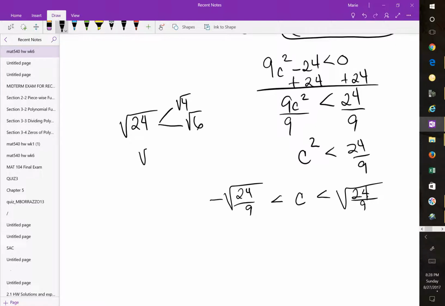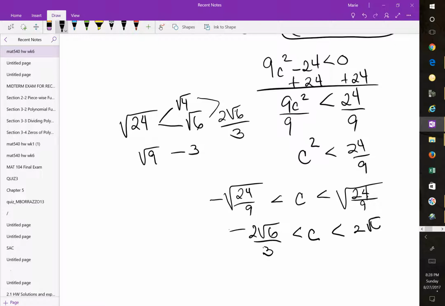Obviously the square root of 9 is simply going to give us the 3. This would give us 2 square root 6, so we would end up with 2 square root 6 over 3. Final answer: negative 2 square root 6 over 3, less than c, less than 2 square root 6 over 3.